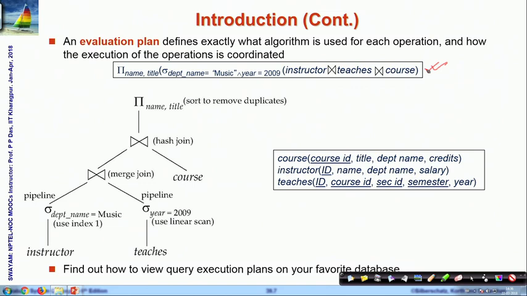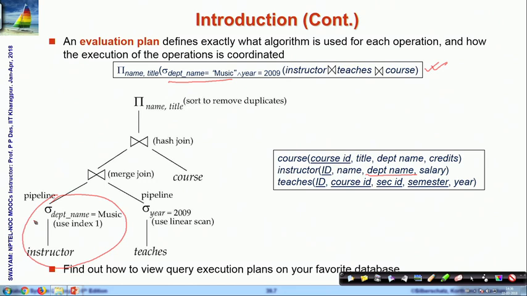What we can observe from this, again as we observed last time, is that department name is on instructor. So, if we are doing a final selection based on department name equal to music, I can first filter the instructor relation with department name being music, and that should not affect the result.